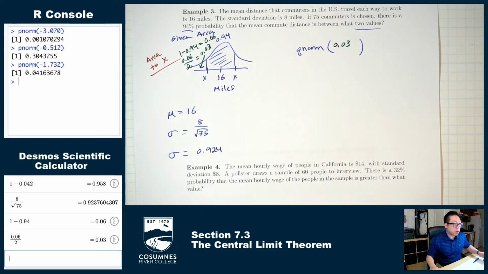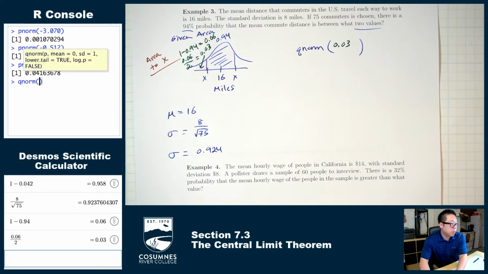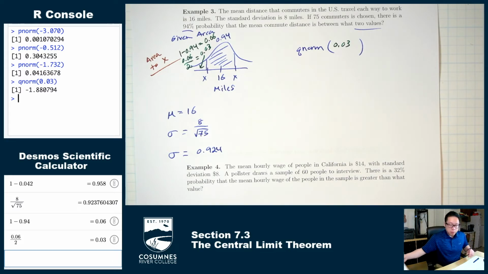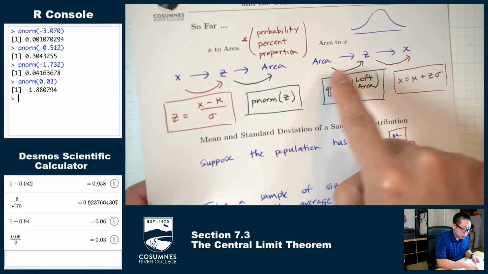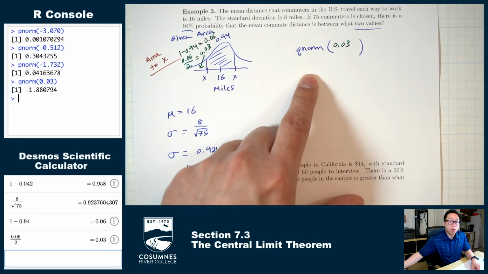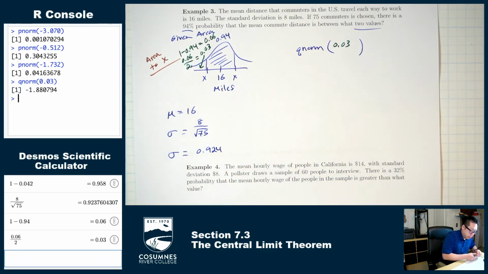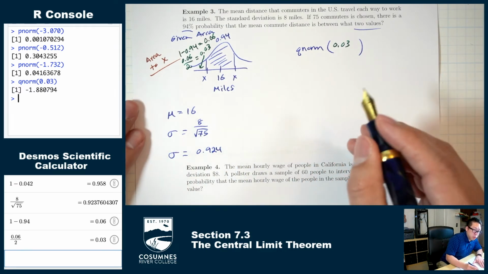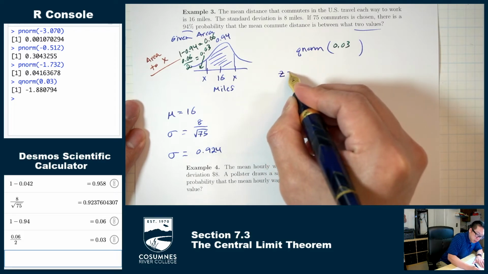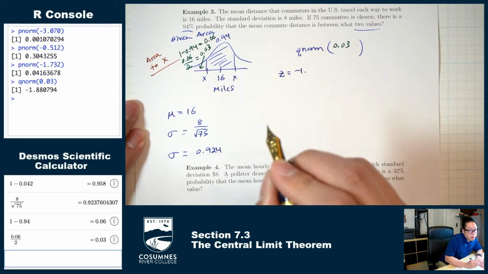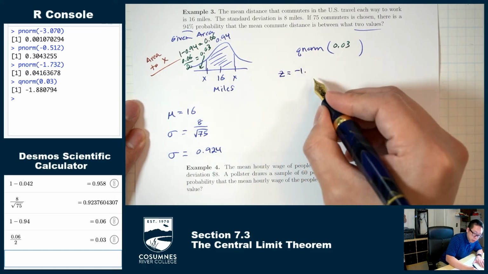Okay, so now in R, qnorm 0.03. This gets me from area to Z. So what R spits out is a Z. So this is a Z of negative 1.88, rounded to 3, this is 1.881.